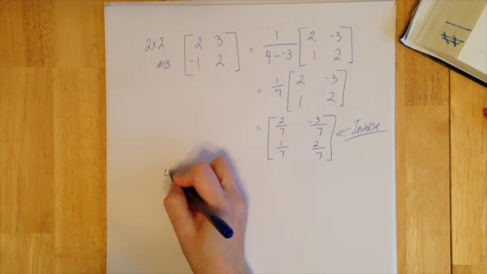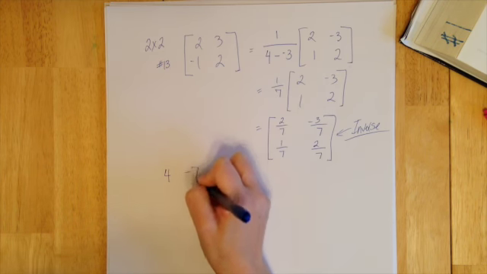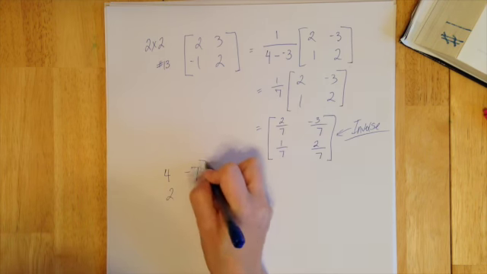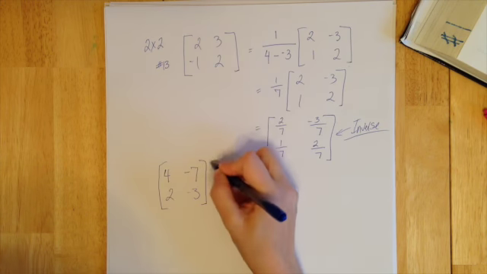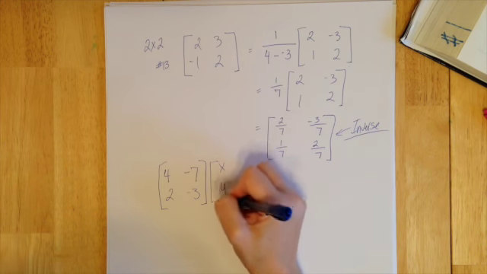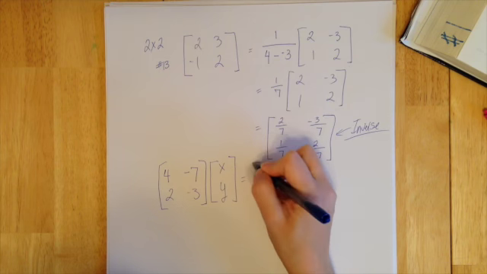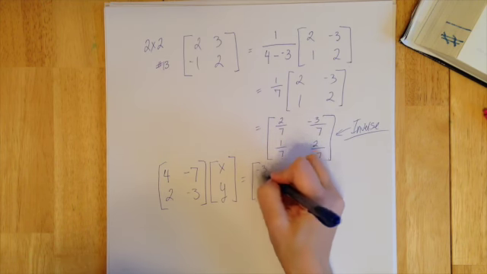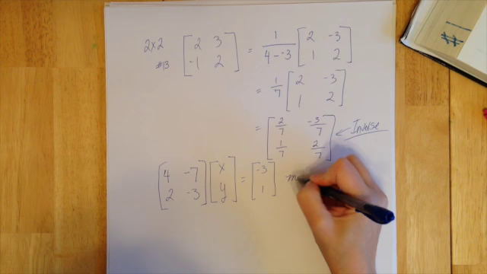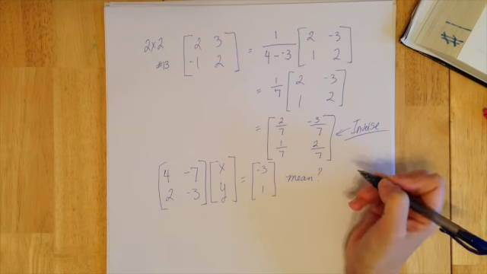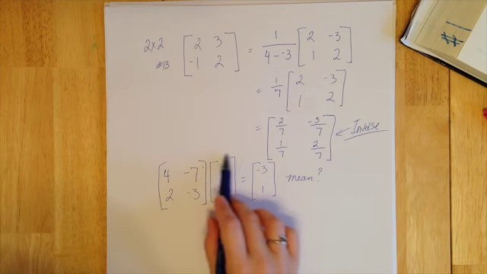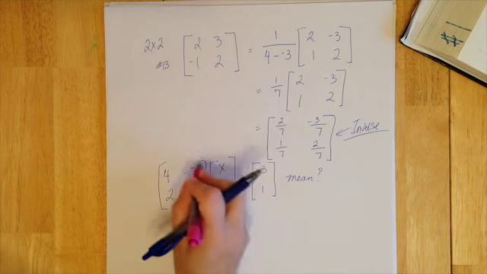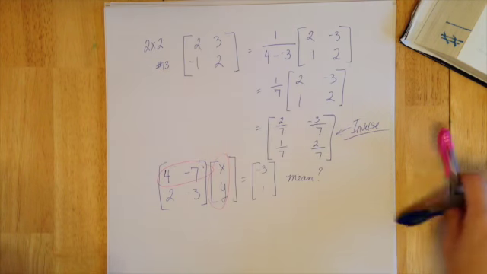And just so you can see one of your problems in your book, again, if we had 4, negative 7, 2, negative 3, multiplied by xy, equaling another matrix, negative 3, 1, what does this mean? Well, we can multiply these two matrices, same as we did before, row times a column.